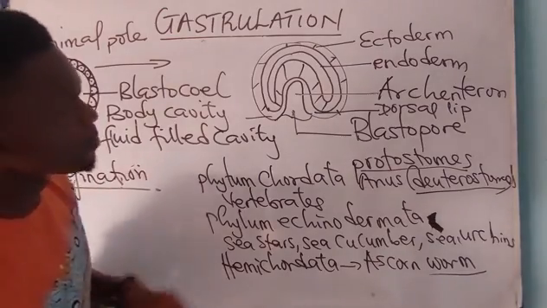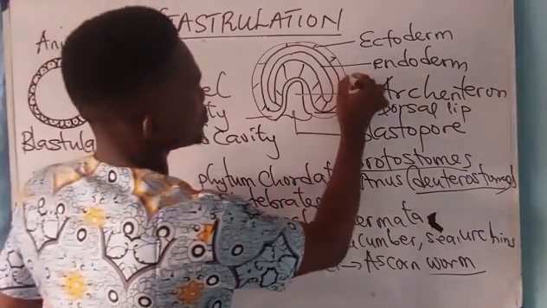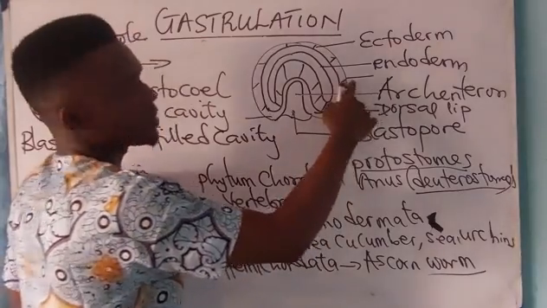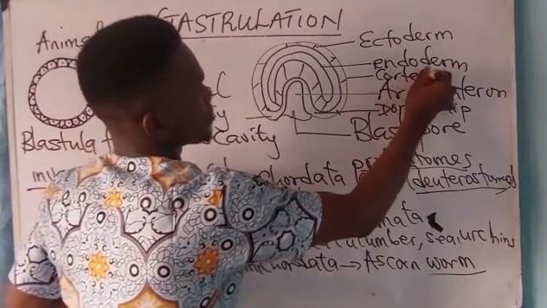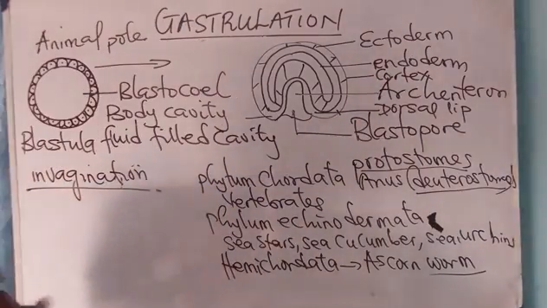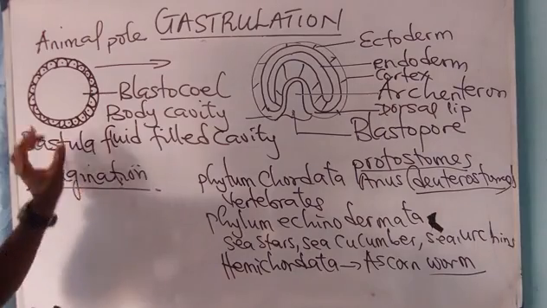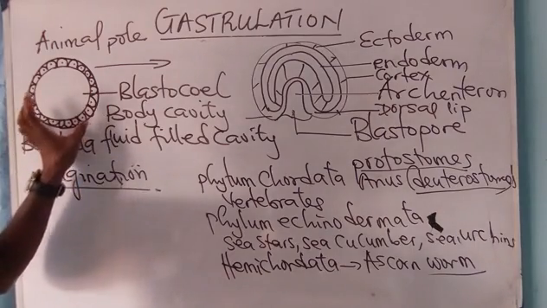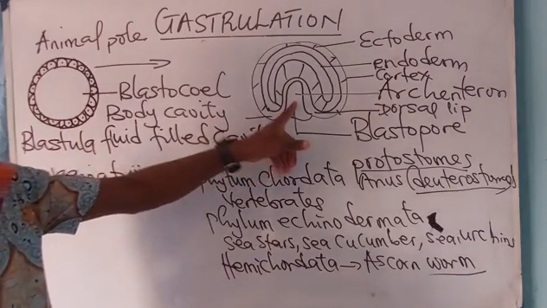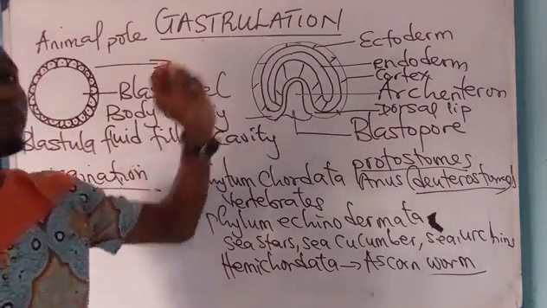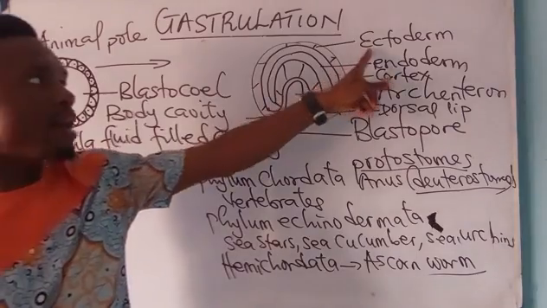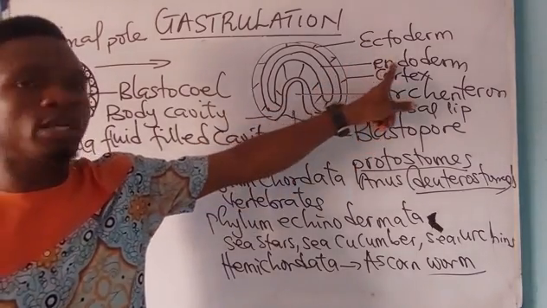So, of course, this outermost part is called the cortex. You will observe that as soon as this blastula invaginates, it does not form mesoderm. You only have ectoderm and what? Endoderm.